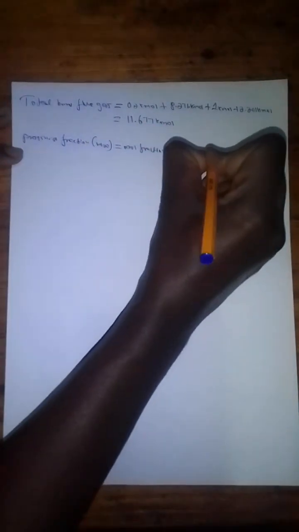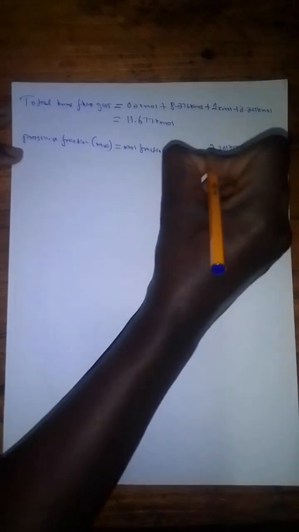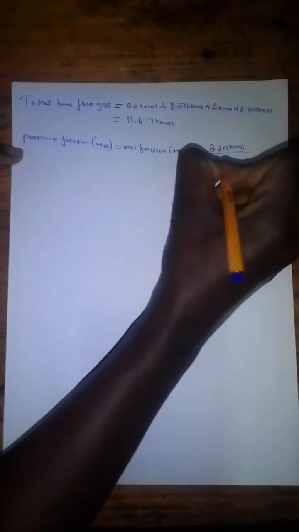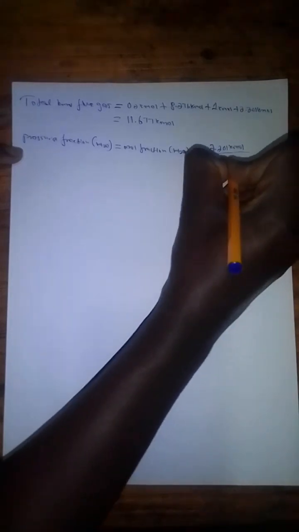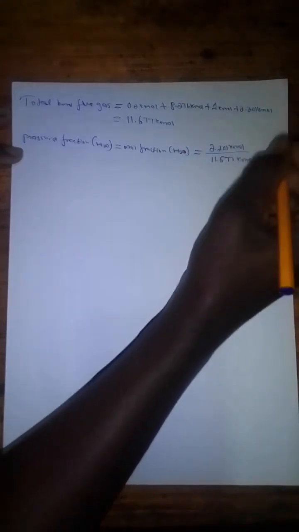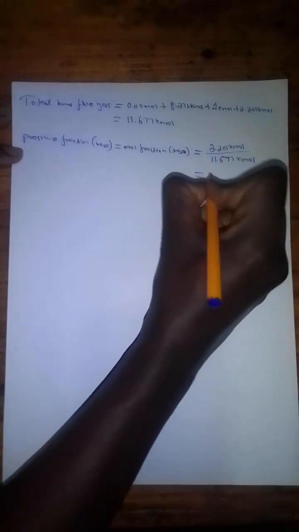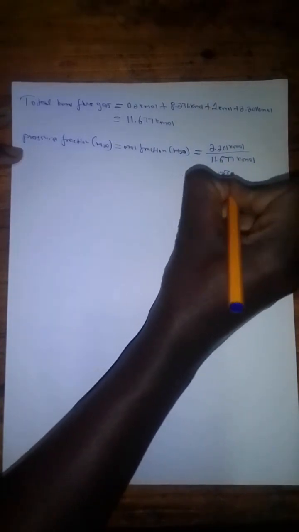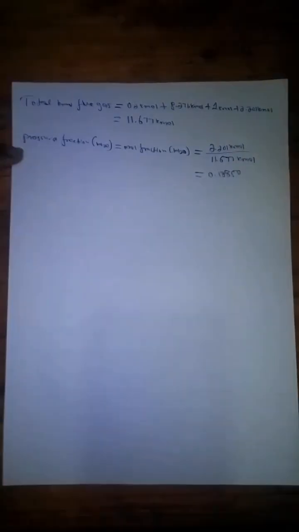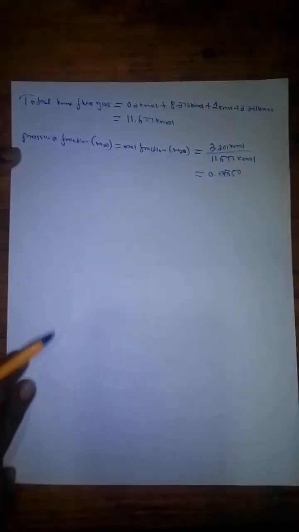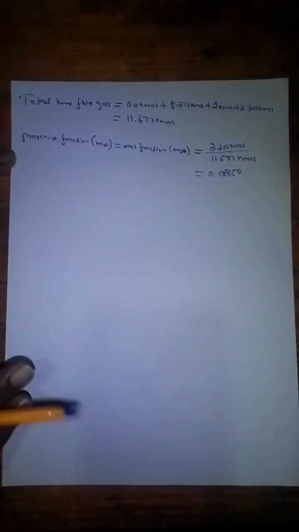So that gives us 2.201 kilomole over 11.677 kilomole. And if you use your calculator, that will give you 0.18850.